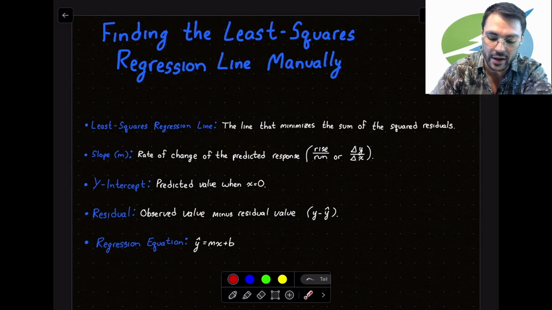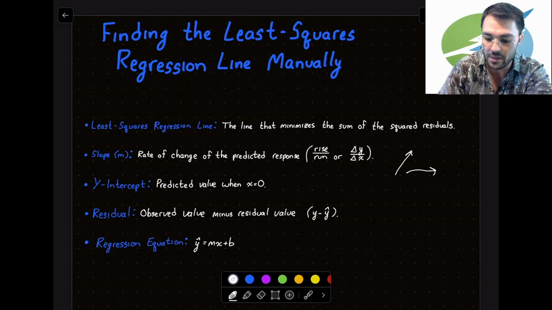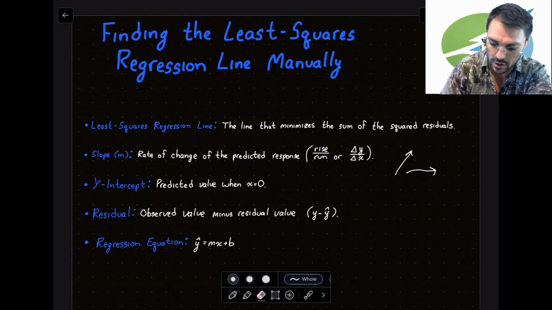Our rate is typically denoted as rise over run, or Δy over Δx, which is change in y over change in x. This tells us whether our line has a steep angle or a not so steep angle. That's what our slope tells us.